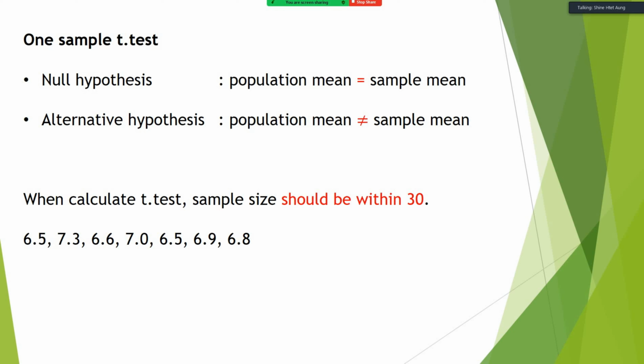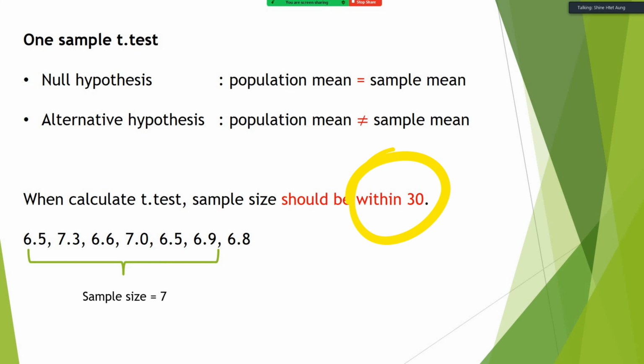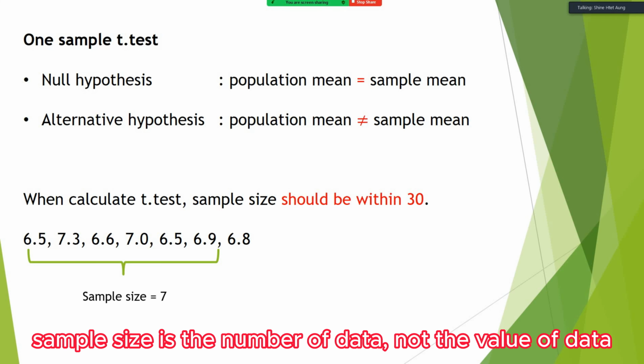When we calculate the one sample t-test, remember that the sample size should be within 30. For example, if we collect data from the whole country, the data should come from no more than 30 cities. If the sample size is higher than 30, we have to use another method.